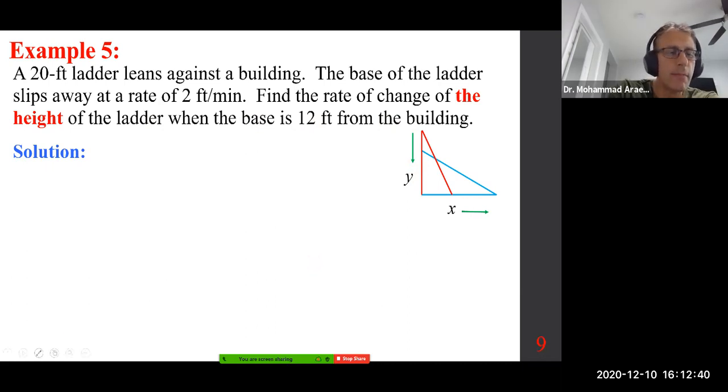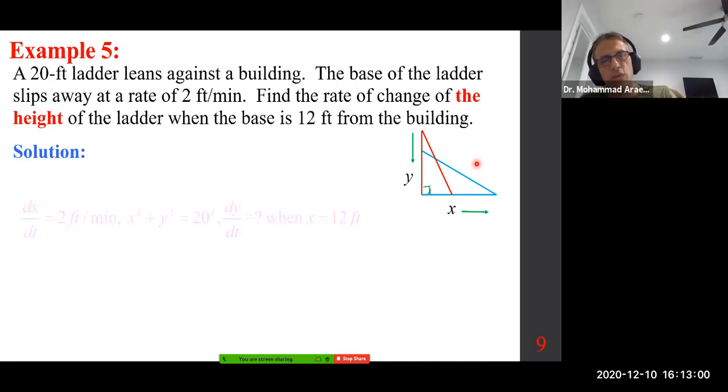Also notice this is a right triangle, which means a squared plus b squared equals c squared. So x squared plus y squared equals the number that is given as a length, 20 squared.